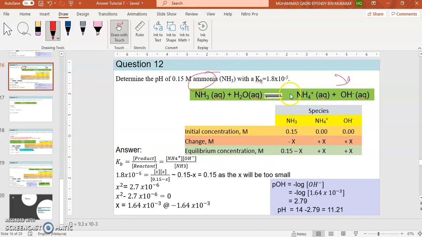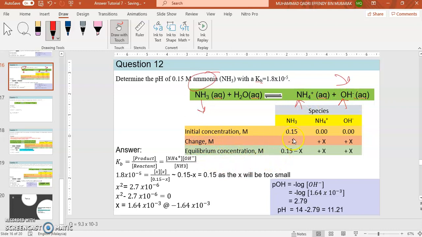The change depends on the coefficient of each species in the chemical equation. So we have minus x because once we dissolve it, of course this one will be reduced and these will be increased.